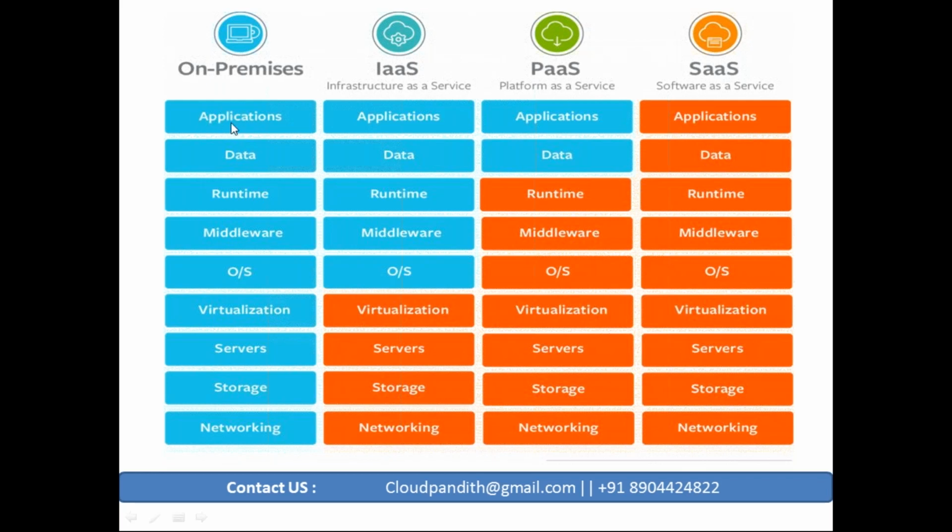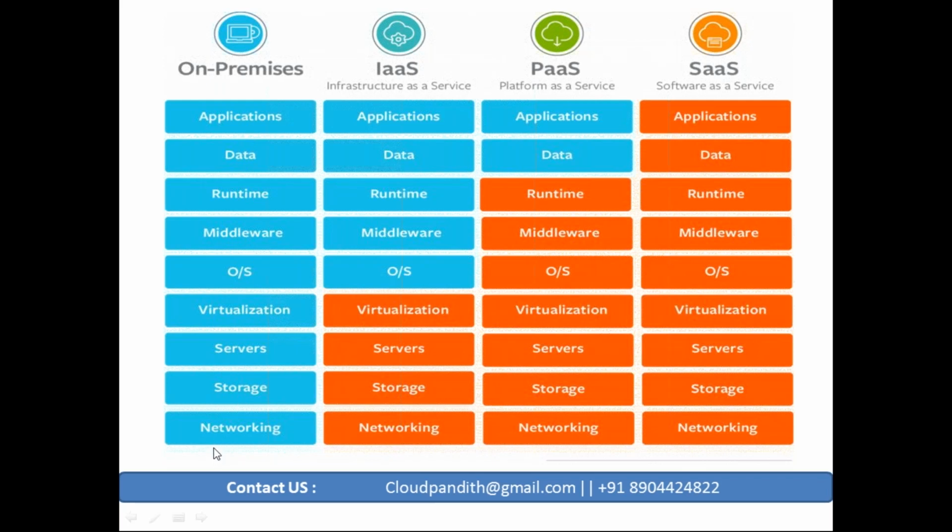You need to take care of your Java application, the data it stores, and where you want to deploy it: on which server, and how many servers you want to maintain. Middleware, operating system, virtualization, servers, storage, backend, persistent storage, everything you need to take care of on-premise.